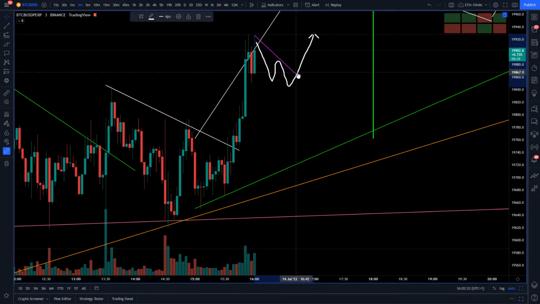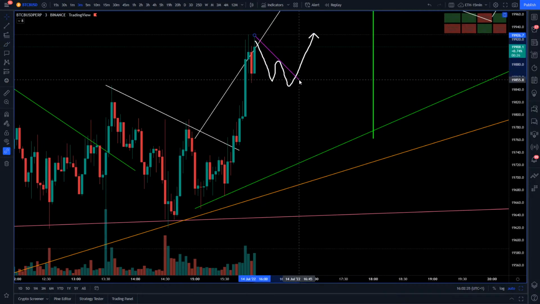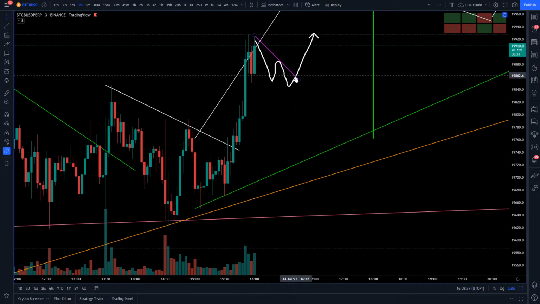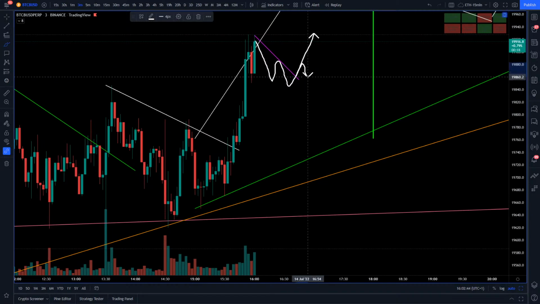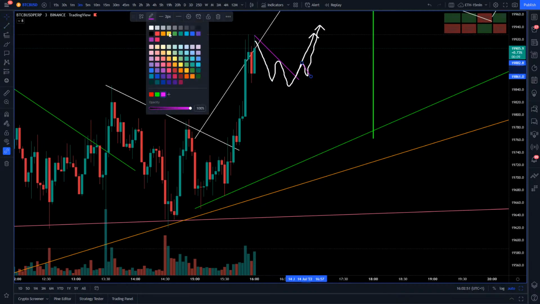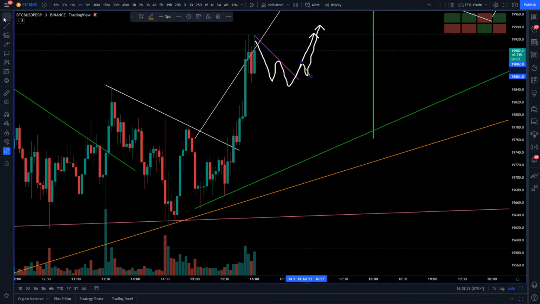How do I determine this? How do I confirm that this is the higher low? When it makes that breakout, it will make a little breakout over here. That's when we can confirm that the higher low is done, the higher low is confirmed, and we long.